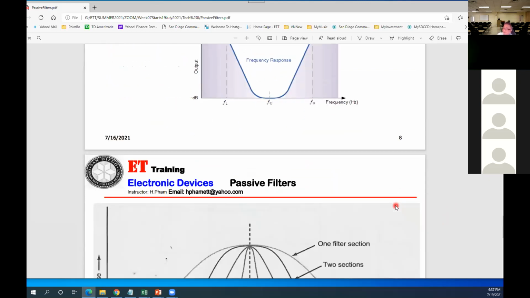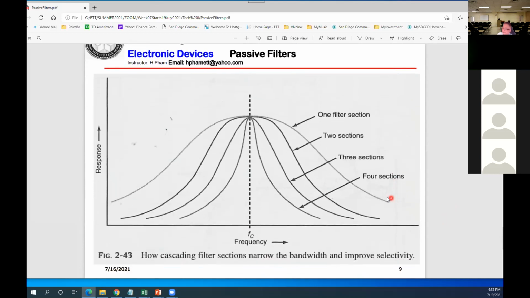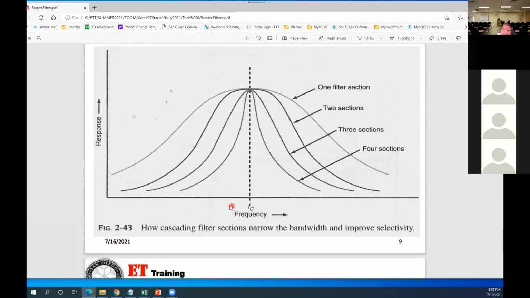Now we are going to see a few things here. You can see that is the output of the filter. Okay, how cascading filter sections narrows the bandwidth and improves selectivity. Basically, if I look at this one, 4 section, 4 pole.